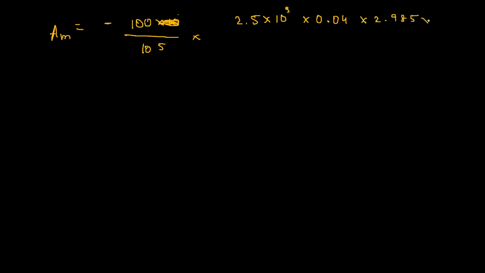So I have AM is equal to minus 100 divided by 105 into 10 to the power, no, this wouldn't be necessary then, into 2.5 into 10 to the power 3 into 0.04 into 2.985 into 10 to the power 3, divided by 2.5 into 10 to the power 3 plus 50 plus 4.76 into 10 to the power 3.